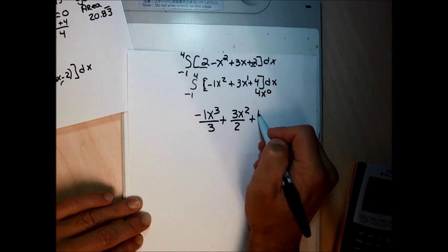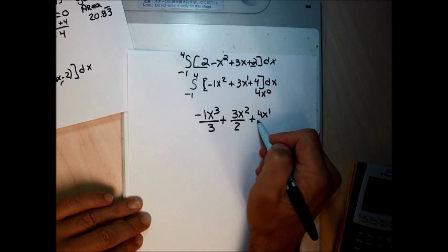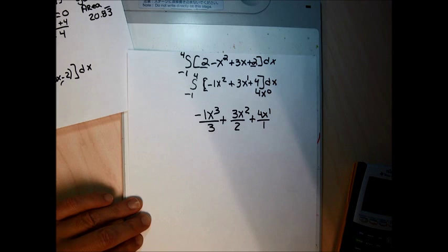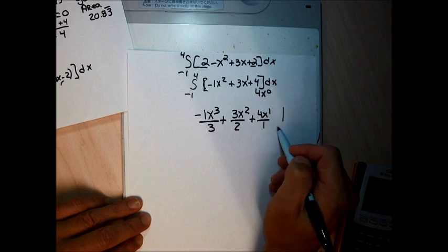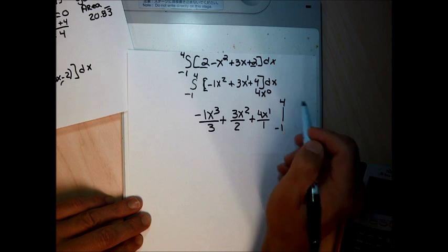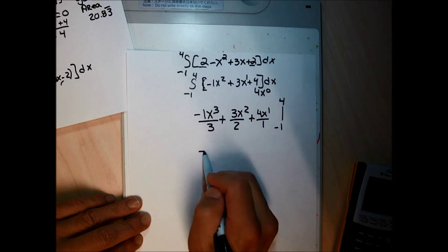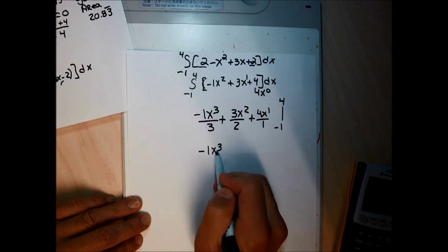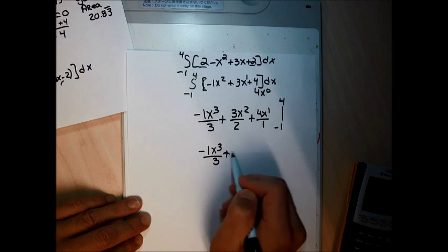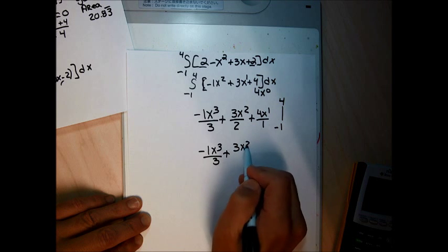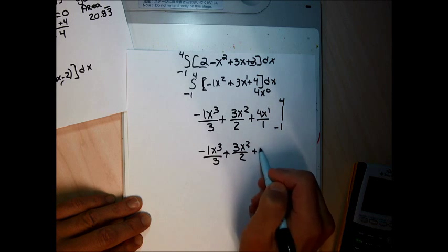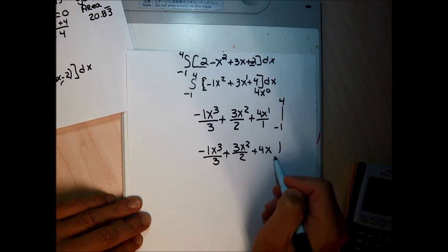So when I add 1 to its exponent and divide by its new exponent, I'll get 4x to the first over 1. Supposed to evaluate this from -1 to 4. And maybe I can clean that up. I can rewrite this as -1x cubed over 3 plus 3x squared over 2 plus 4x, evaluated from -1 to 4.